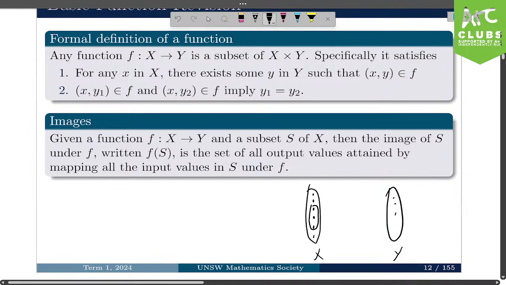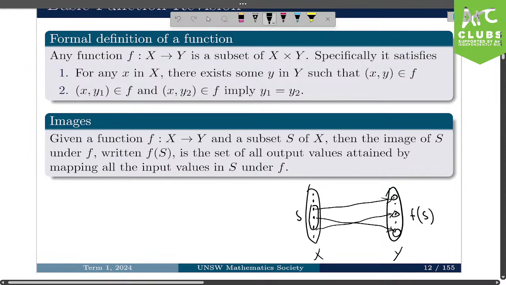Those elements in the domain will map to some set of elements in the codomain, right? So in this case, it will be 3. And the set of the elements that they got mapped to is what we call the image of S under F, F of S, right?